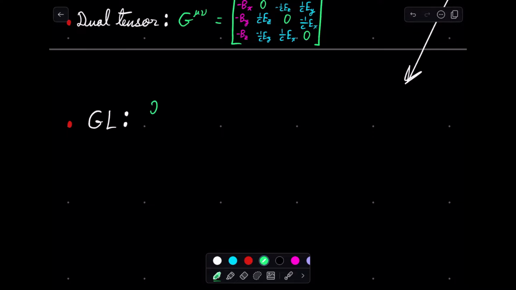So it's the partial of F, the zeroth row, sorry, and then the nu columns, then partial with all of the nu positions. And this being equal to mu naught J naught, or J0.